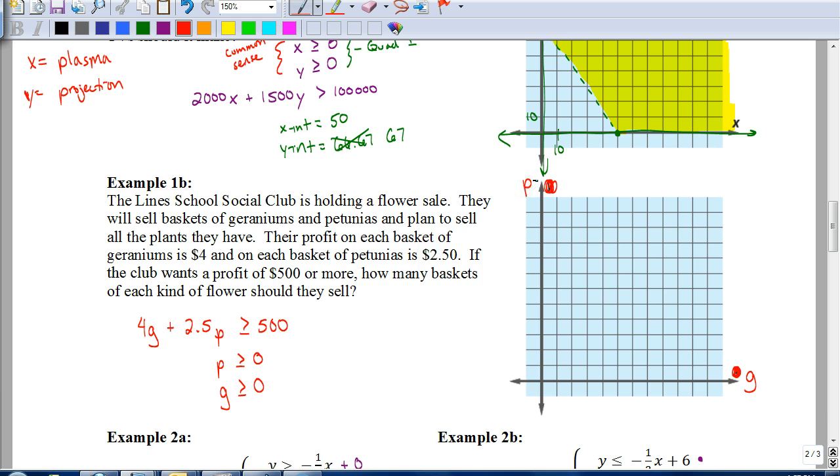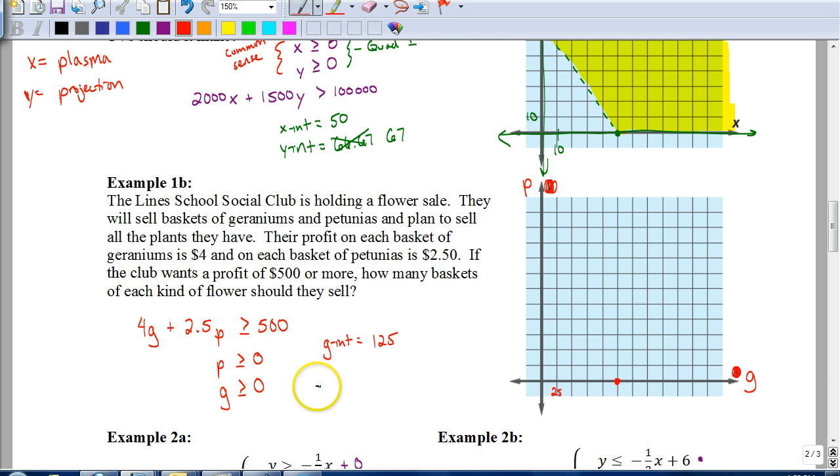So to figure out what my G-intercept would be for this one, I would take 500 and divide by 4. When you do that, you get 125. So my G-intercept is at 125, so let's count by 25s here. 25, 50, 75, 100, 125 would be right here.